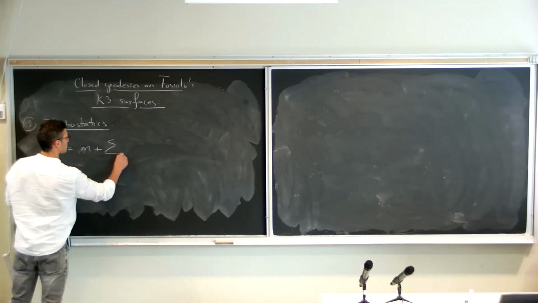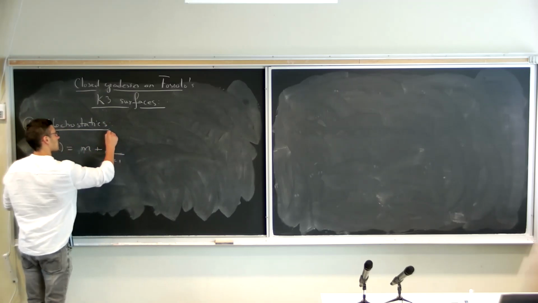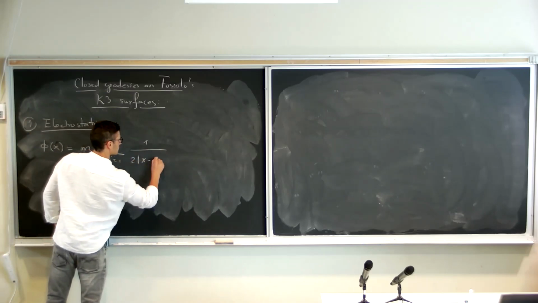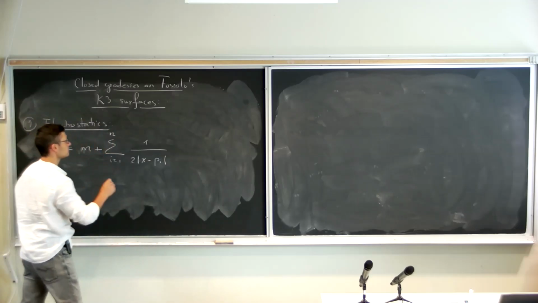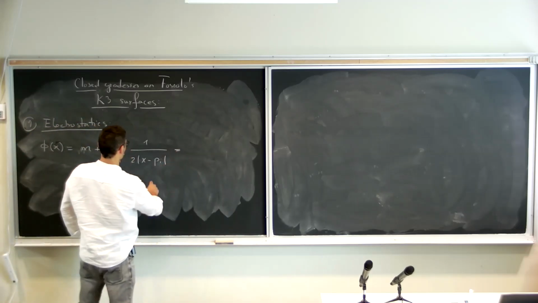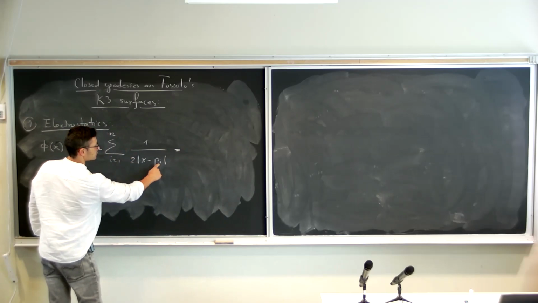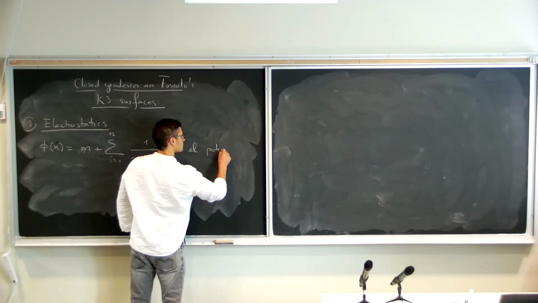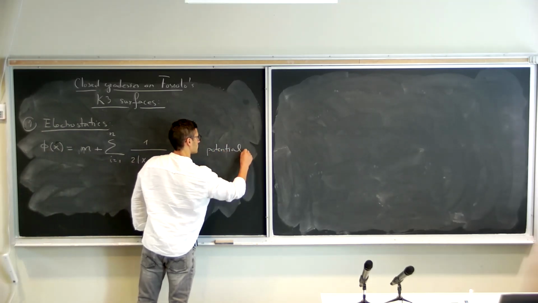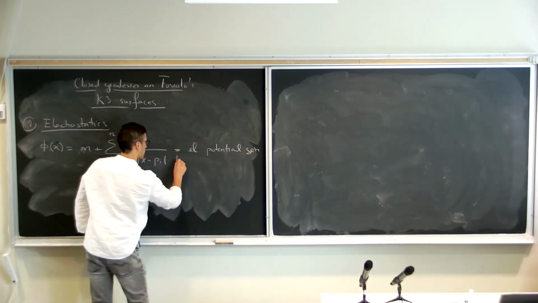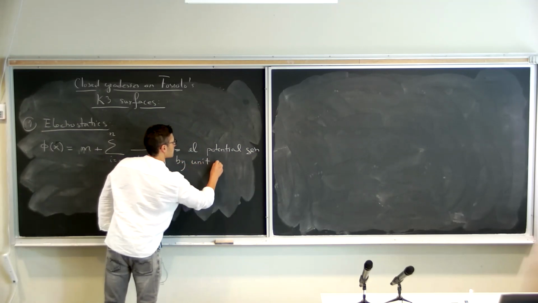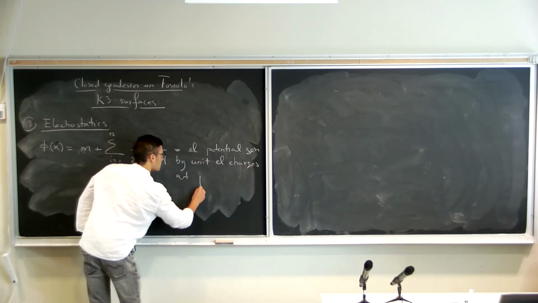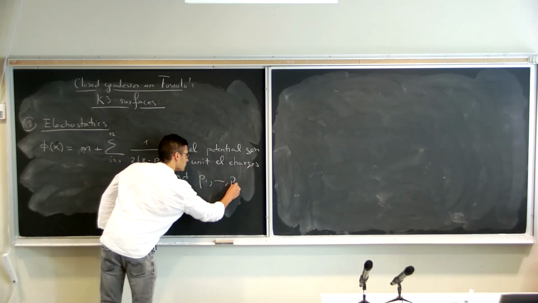I'll call the constant M. So that's basically the Coulomb potential generated by unit electric charges at the points P1 up to Pn, some points in R3.